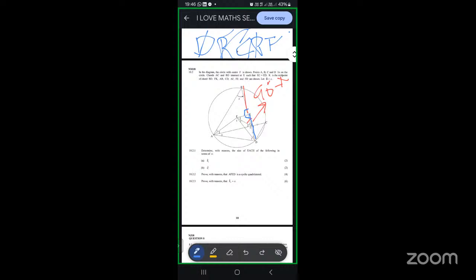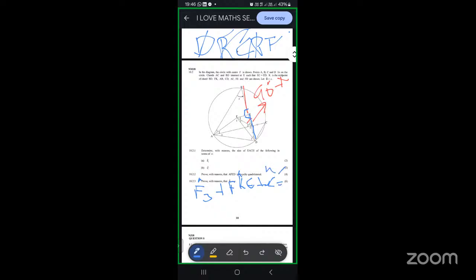Then we want F3. Now that is in the triangle FKE. I'm just going to say angle F3 plus angle FKE plus angle E1 is equal to 180 degrees.